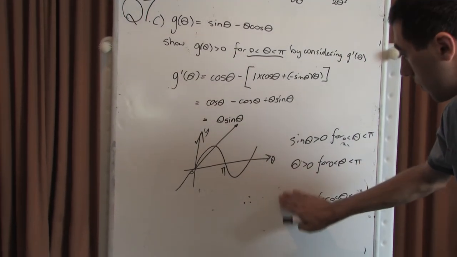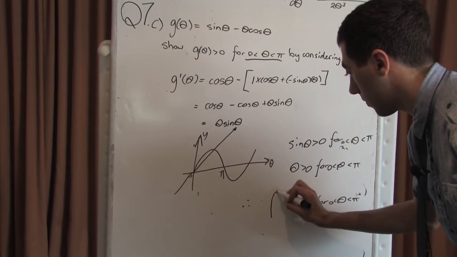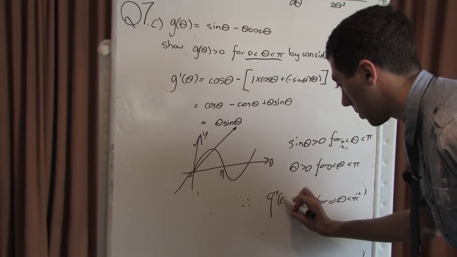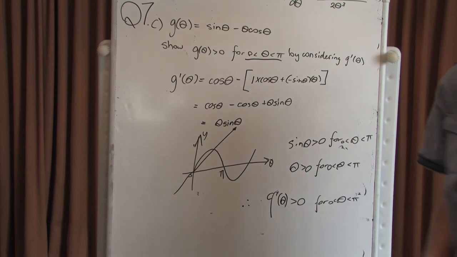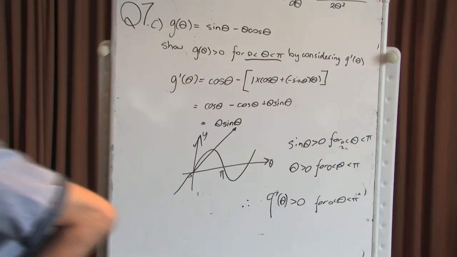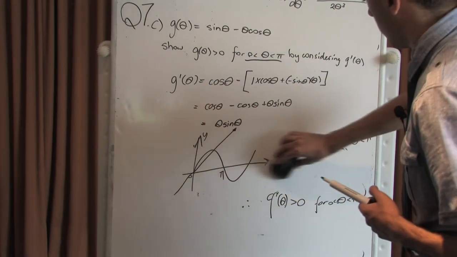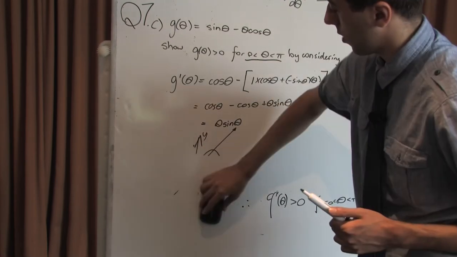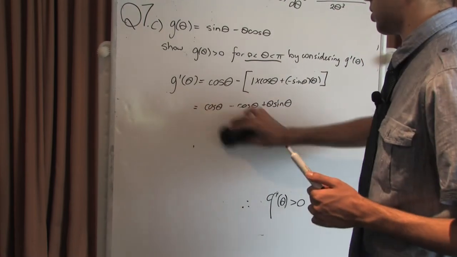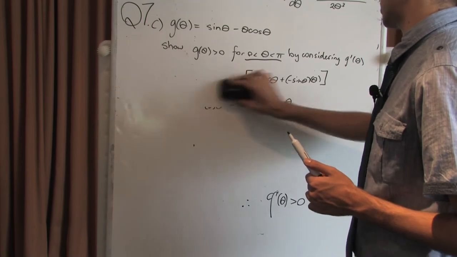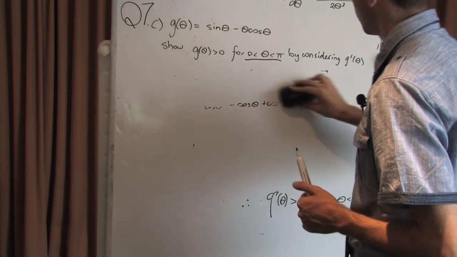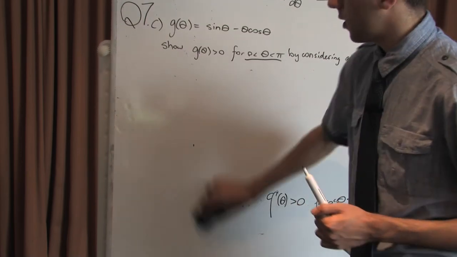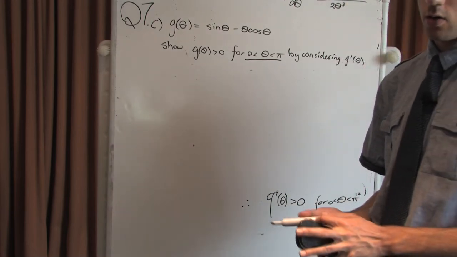So therefore, theta sine theta is always going to be greater than 0 for theta between pi and 0. Therefore, our gradient function is also greater than 0. So what does that mean in terms of the question now? Well, if you've learnt from your inverse functions and your study of calculus, you'll know that if a gradient function is always positive, then the graph itself must be monotonic increasing.